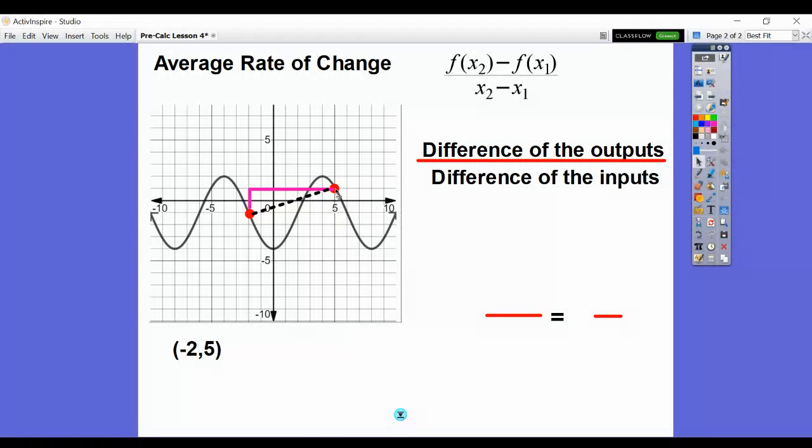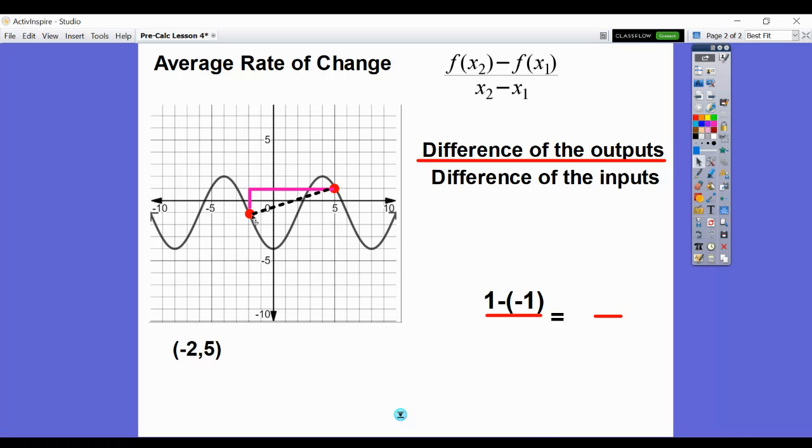So at +5, my output is at +1. And at the other location, my output looks like it's at -1. So that's what I've got. My first location, when I'm looking at the value of 5, my output at that location is +1. And my other dot, my output is at -1.